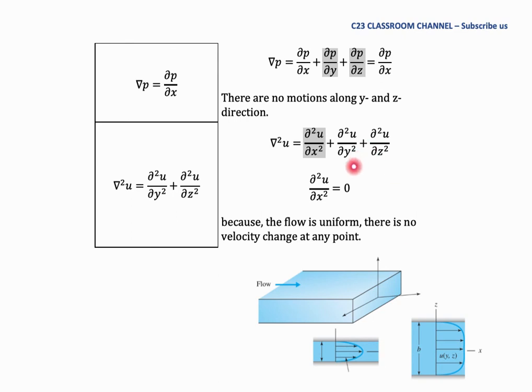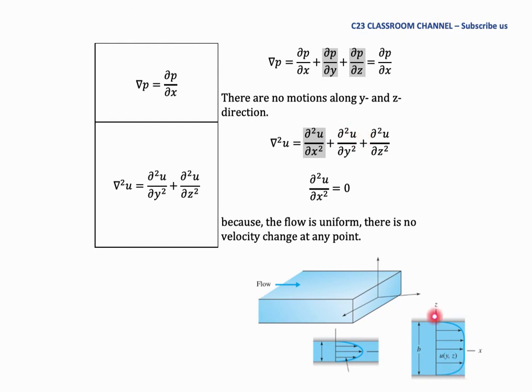However, for del u over del y, if we look along the y-axis here, the velocity changes along the y direction, because at the lower point the velocity is lower compared to the middle point, and the velocity becomes smaller again towards the end of this flow. So the value of du dy is not equal to 0.